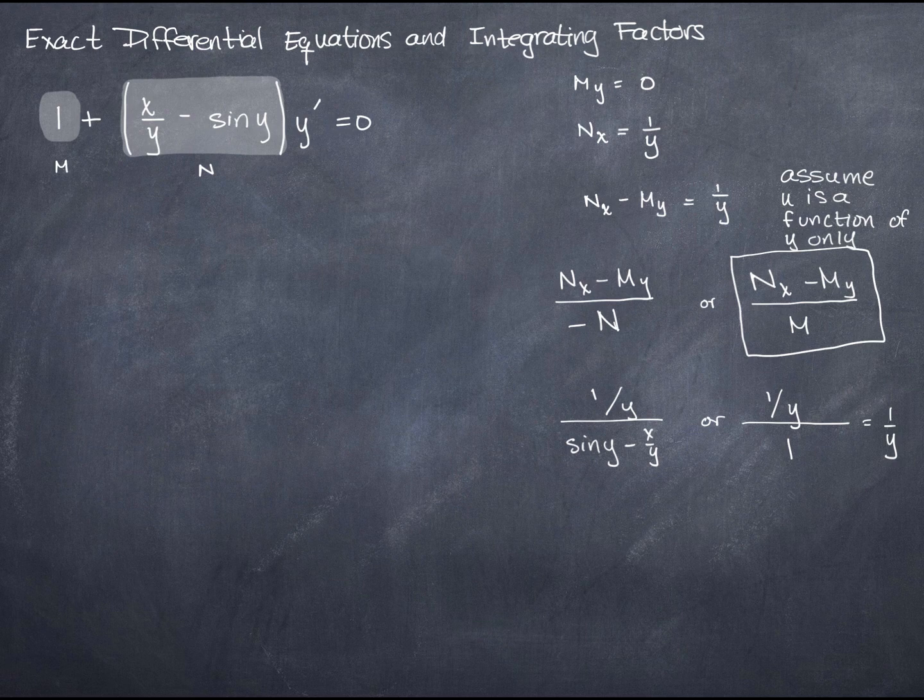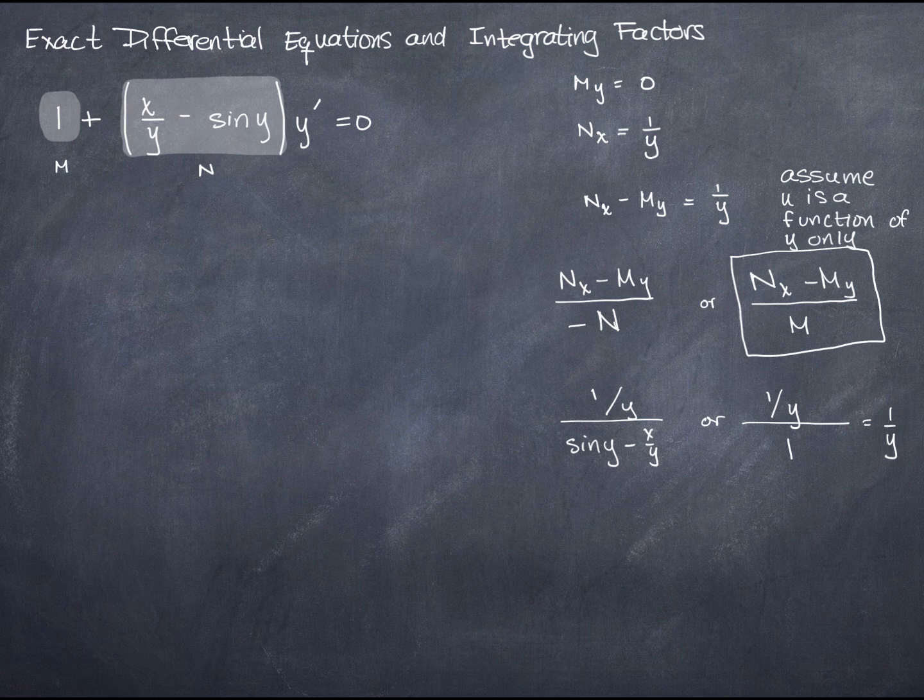I think it was negative n. I chose to divide by negative n because then the resulting expression simplified very nicely into one that was only a function of x. If I had chosen to divide by m, I would not have been able to do that simplification, and I would have been stuck with a function that still had x's and y's in it.